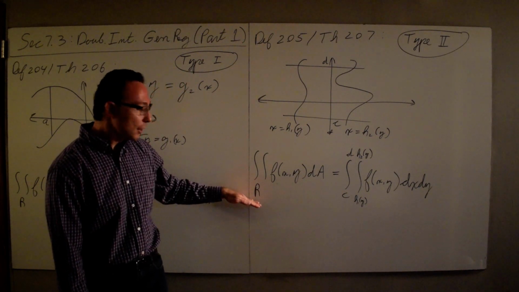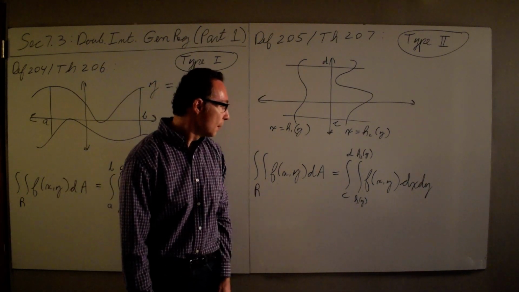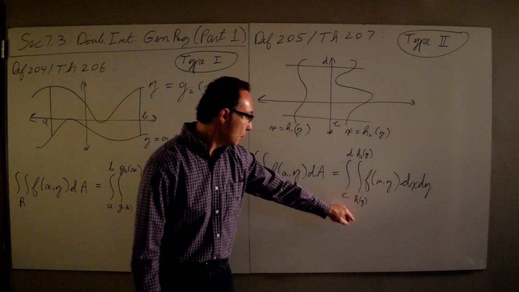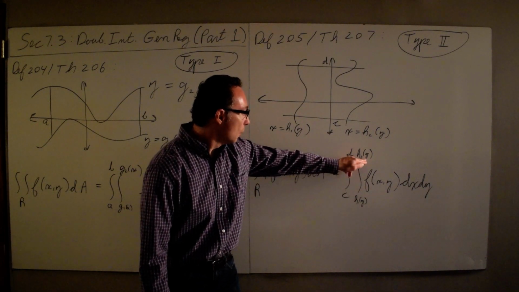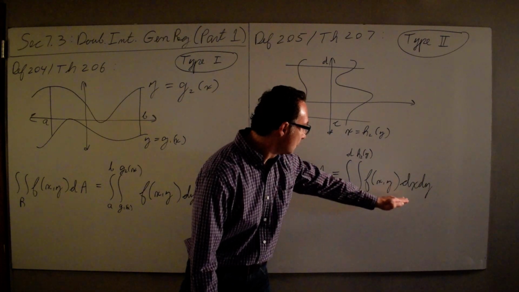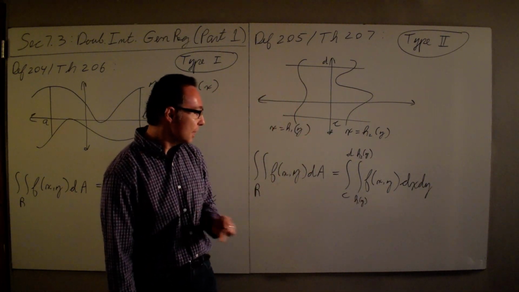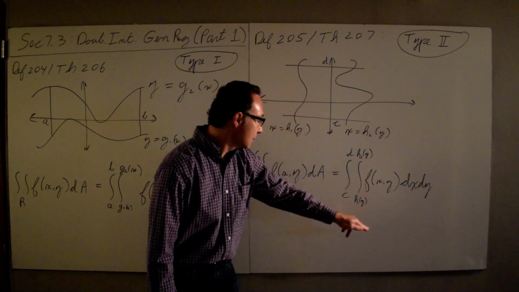And so when we integrate over our type 2 region, f(x,y) dA, the first thing we do is we integrate with respect to x. That was a mistake earlier.